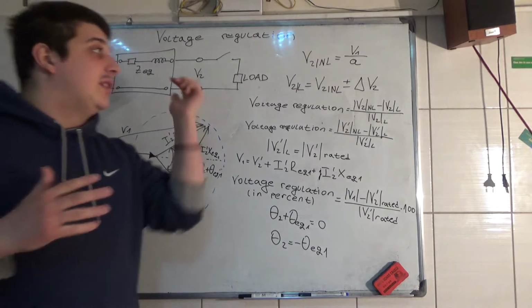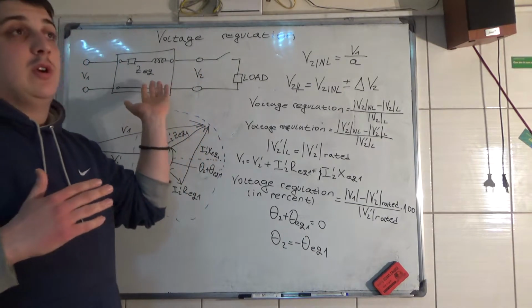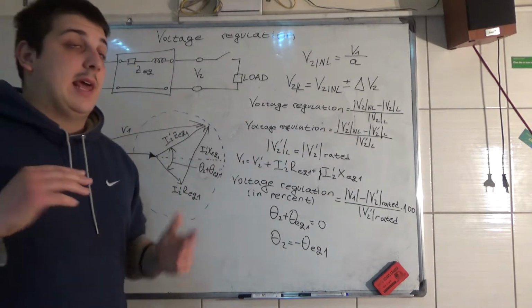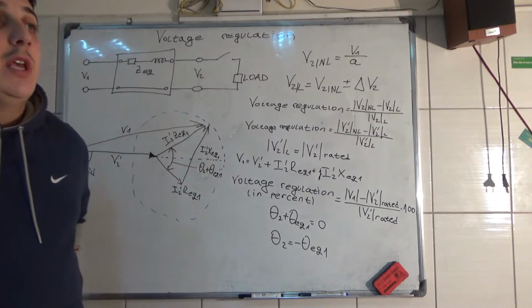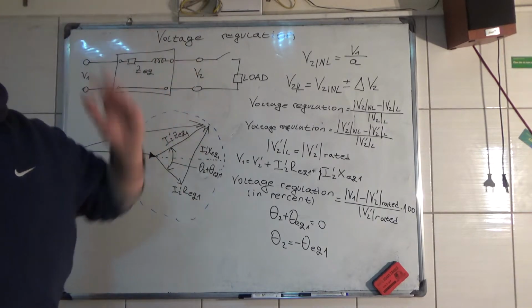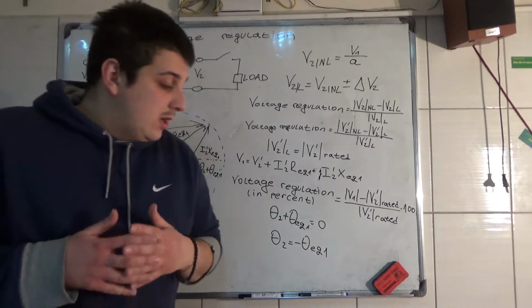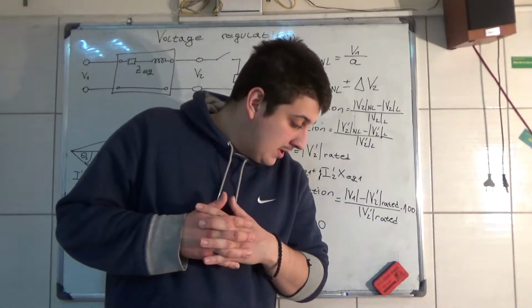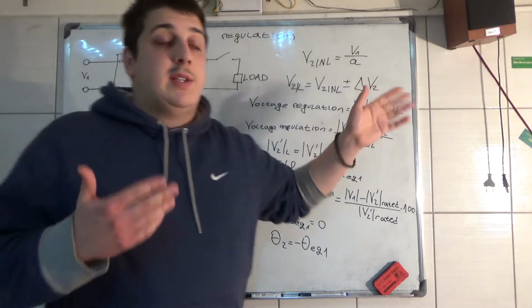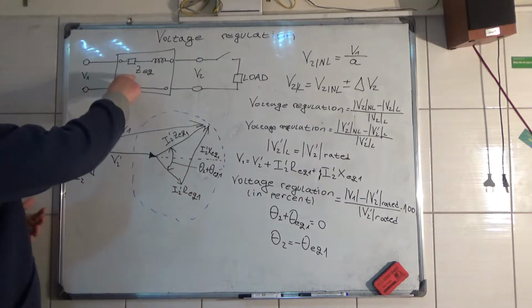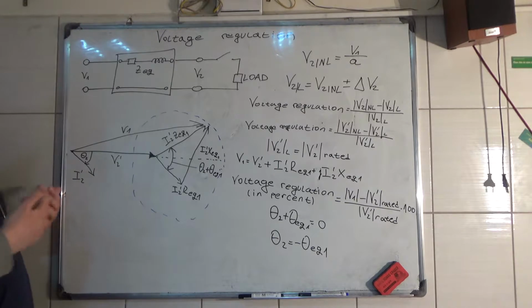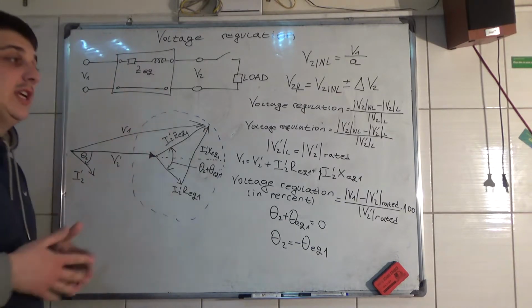There is an internal impedance, so this also plays an important role, and it also depends on the leading and the lagging power factors in these electric circuits. This voltage drop is essentially because of the I times Z voltage drop in the internal impedance of the transformer.